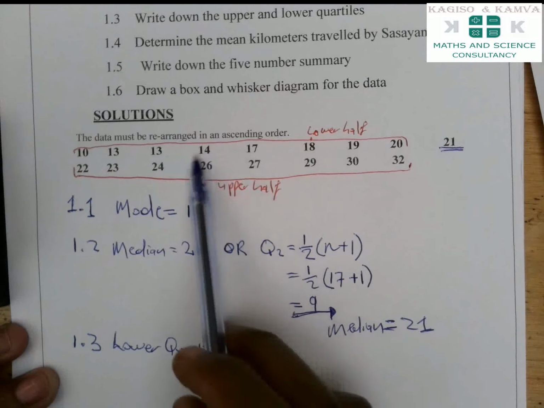So in this case, the lower quartile is going to be equal to 14 plus 17, divided by 2.